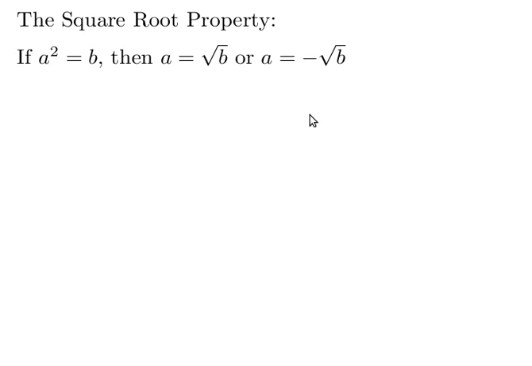The square root property says that if a squared equals b, then a equals square root of b, or a equals negative square root of b. Oh, I forgot the negative again. Whenever you're typing it out, it's easy to forget that.